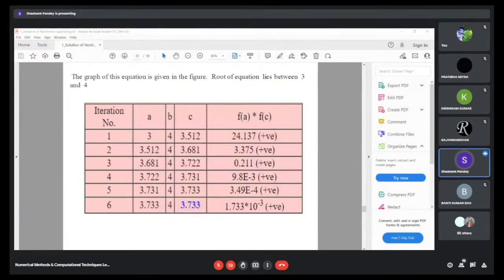In the next class, we will start the Newton-Raphson method, where we will also solve some problems. I expect more answers from you people. Okay, with this we'll stop here.